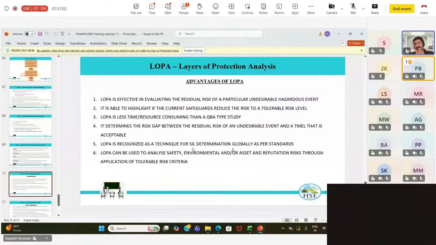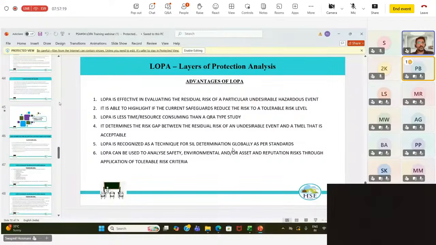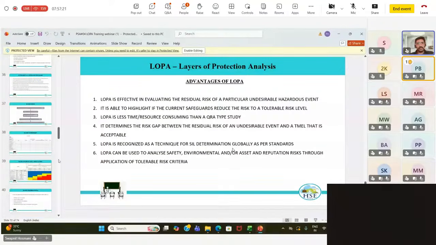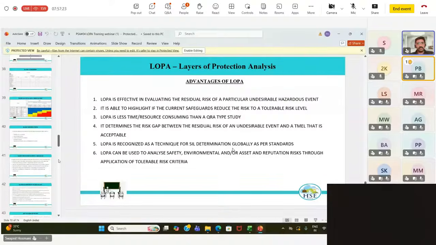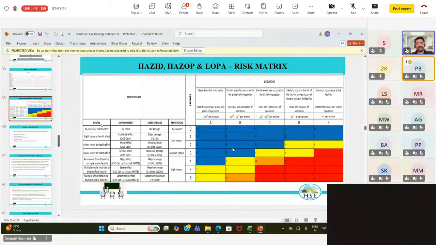LOPA can be used to analyze safety, as we have done in this exercise. Similarly, we can do it for environmental or asset and reputation risk criteria, based on the risk matrix benchmarking. Like we have done for people, we are looking at the number of fatalities and injuries.